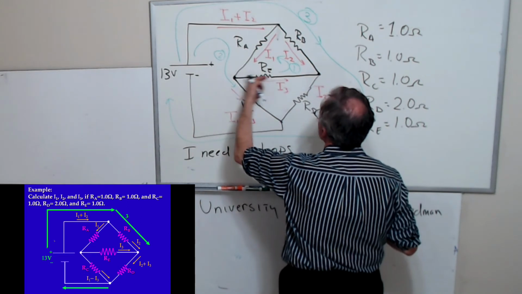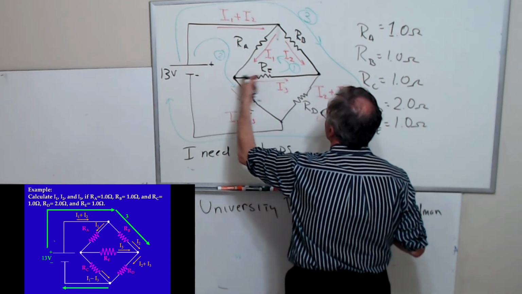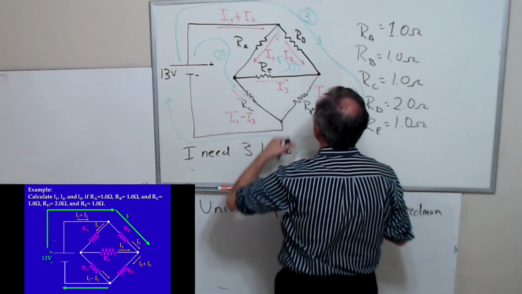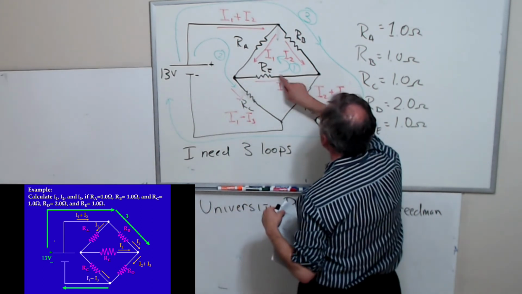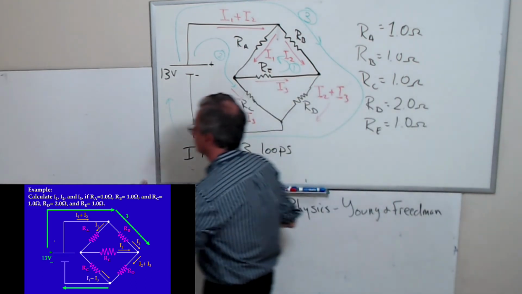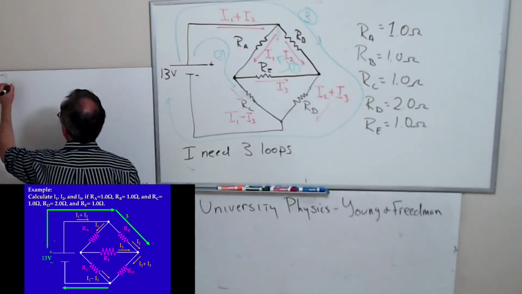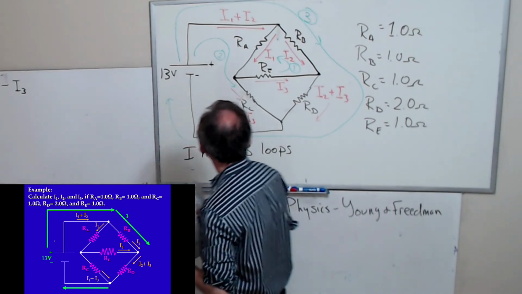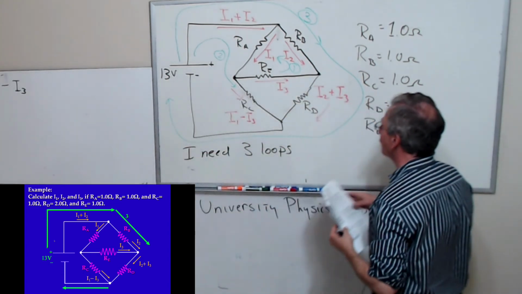What can you say about the voltage drop? Positive or negative? Negative. So I3 times R sub B, I3 times this. That's the first one, because the resistance is 1 ohm.